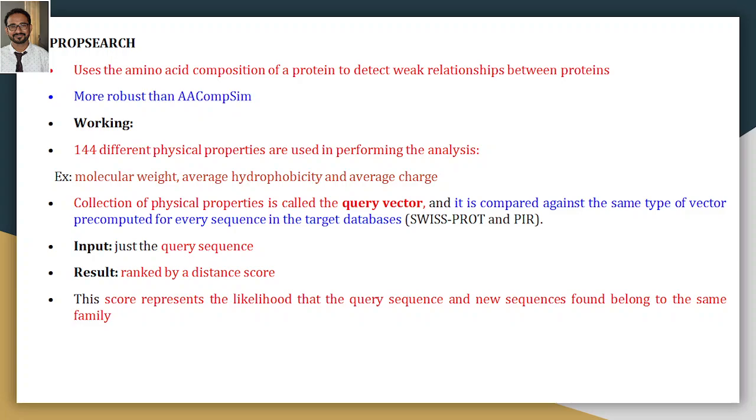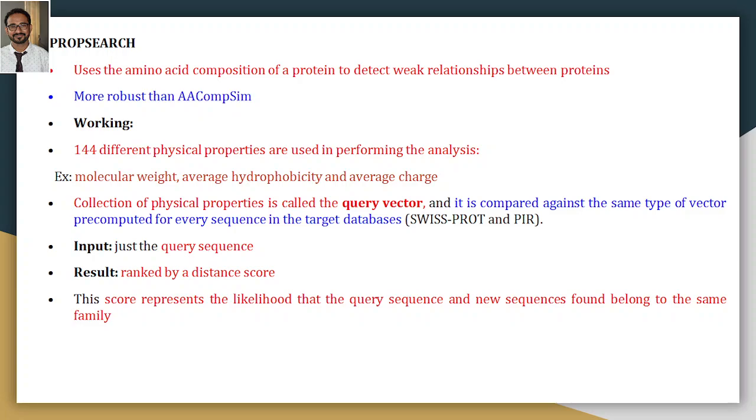Examples: molecular weight, average hydrophobicity, average charge, all those things. The collection of physical properties is called the query vector. Whatever physical properties you are collecting, like molecular weight and hydrophobicity, if you collect these, those are our query vector.